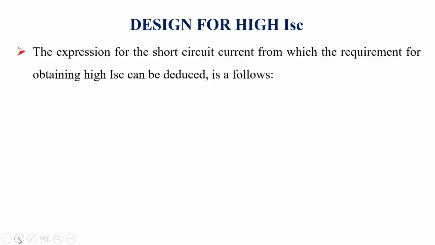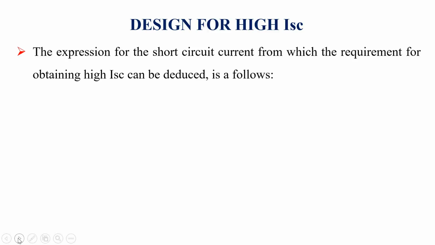First one I have discussed is the design for high ISC. The expression for the short circuit current from which the requirement for obtaining high ISC can be derived is as follows.